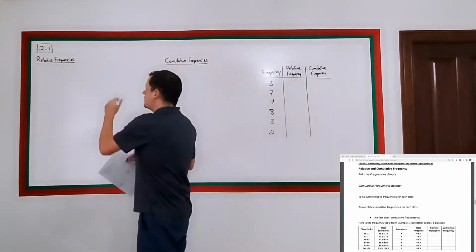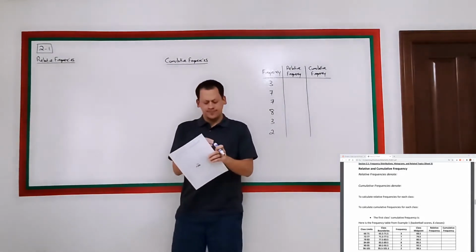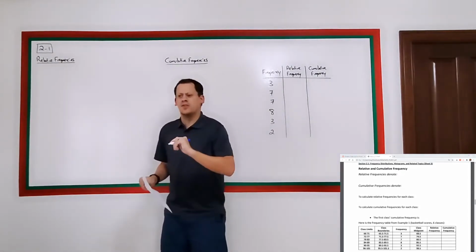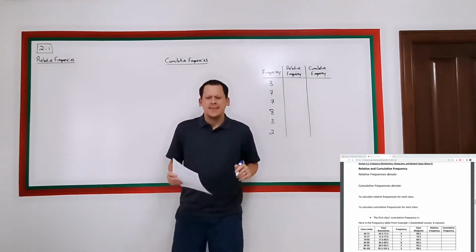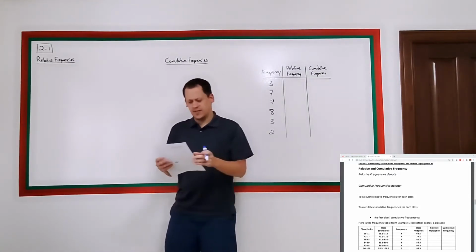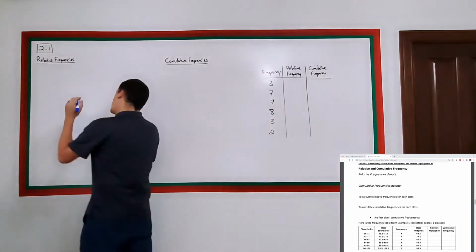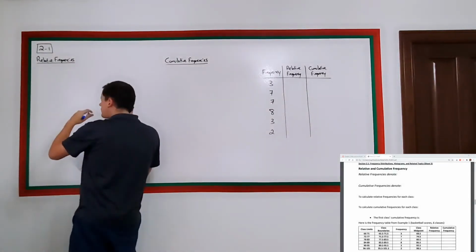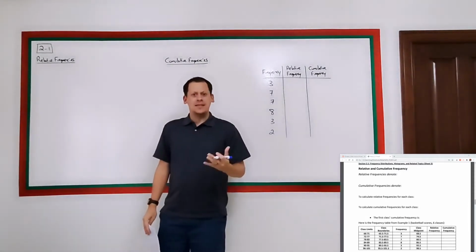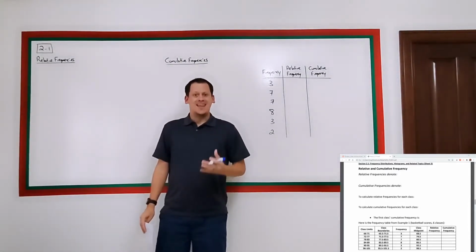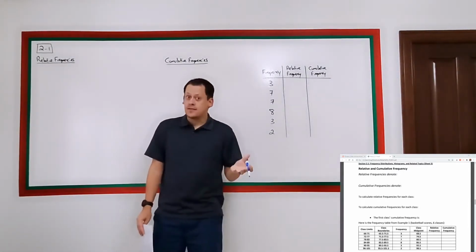So, starting with relative frequencies here, we're on page 3 of the notes, by the way, in case you can't see it there. I made the notes a little small, but I need my space here. So, relative frequencies, it's how much frequency of the entire data set is in any particular class.